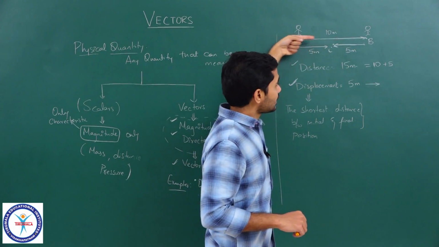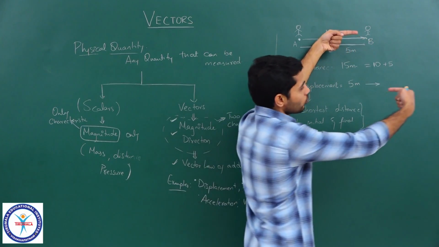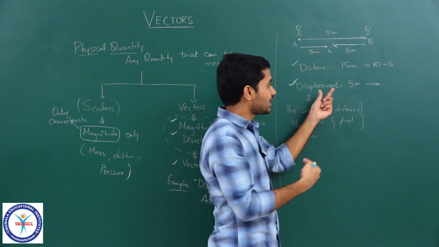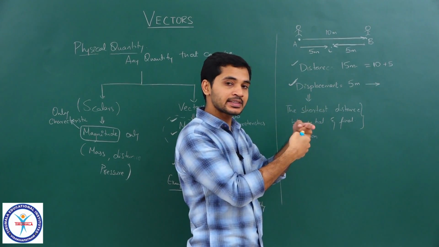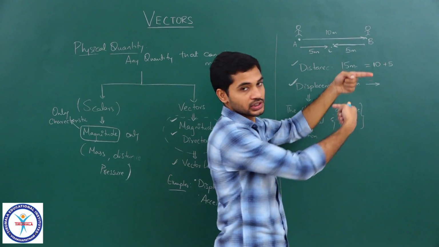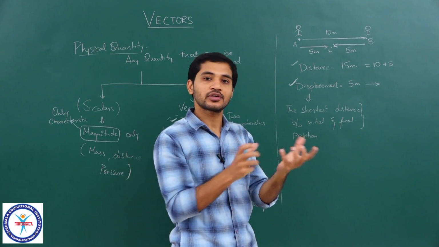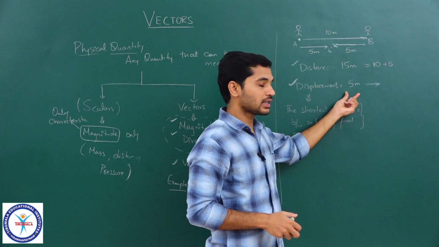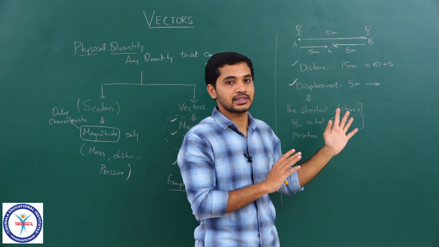So, 10 was in this direction and 5 was in the opposite direction. When we are dealing with displacements, we also consider the directions. Because of that property of direction, we are subtracting and getting 5 meters. You can understand it that way.